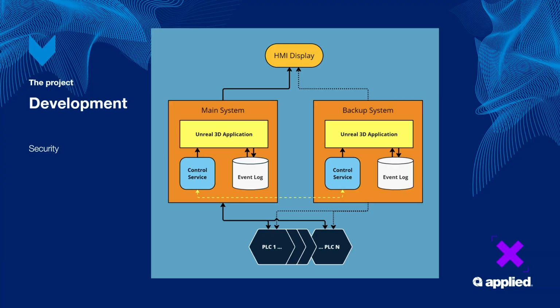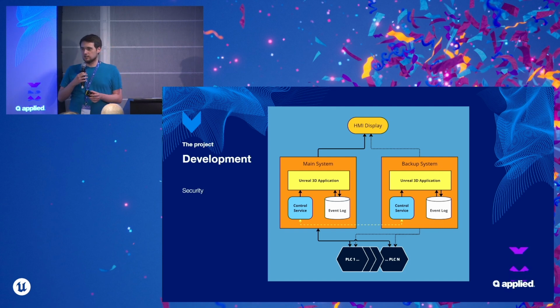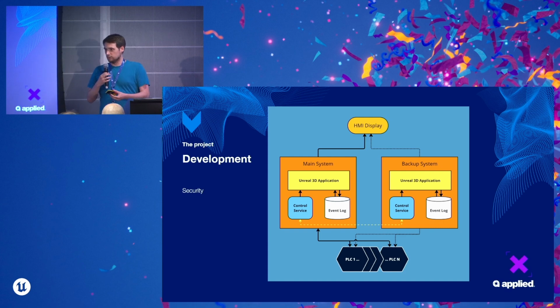Other security features were all the handling of the exceptions that can happen because of the improper programming of the PLCs. So if someone doesn't follow the protocol as written, our application doesn't crash. Even if something random happens once in a while, it will just signal it to the user, and they will know what to do with it.